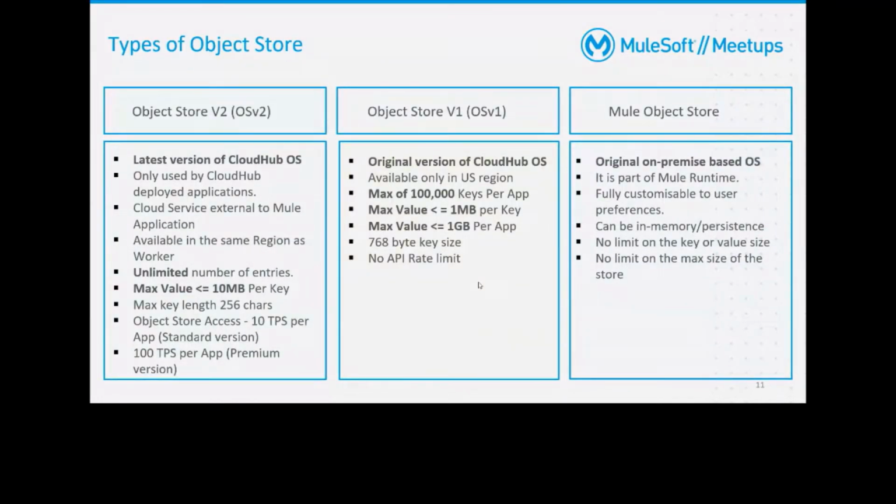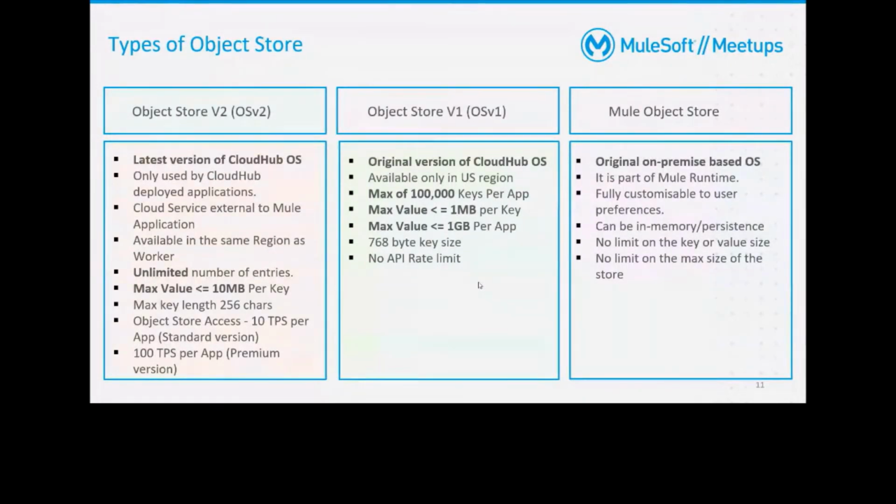A few other differences between V1 and V2: V2 is available in the same region as the worker, wherever we deploy our application. The cloud service is available in the same region as whatever worker we deploy. But V1 is only available in the US region. This is one of the major differences.